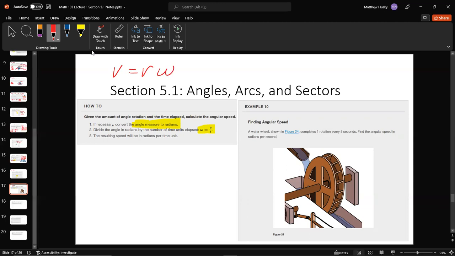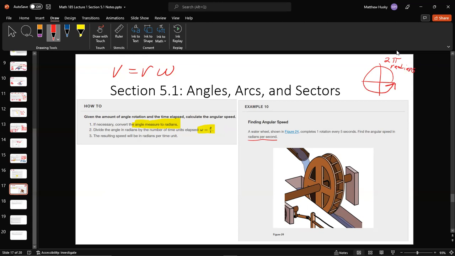So here we have a water wheel. It completes one rotation every 5 seconds. So they want the angular speed in radians per second. So going back to the beginning here, if you have one rotation, remember that that is 2 pi radians. It's just once around the circle.